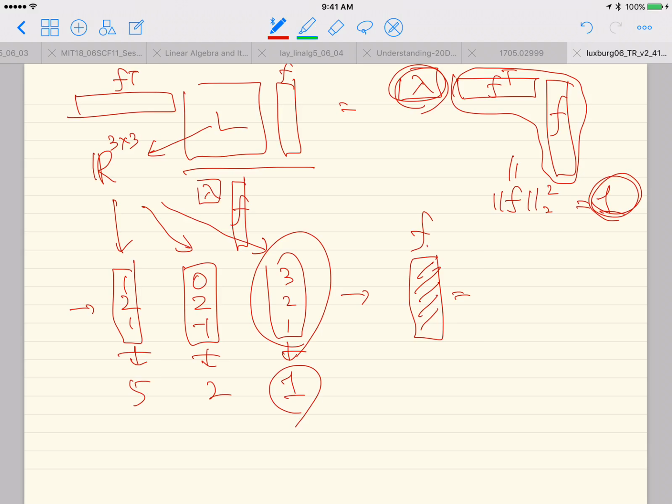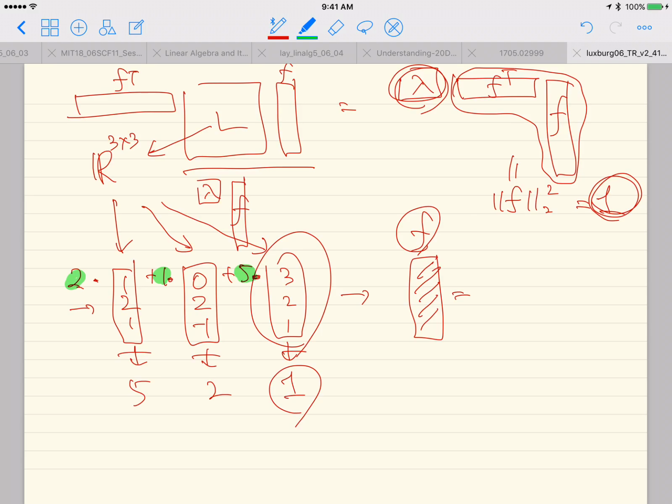Suppose your f was 2 times this plus 1 times this plus 5 times this. So these are your linear combination coefficients, okay?